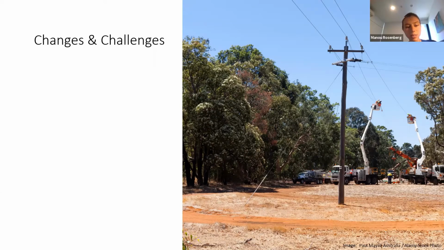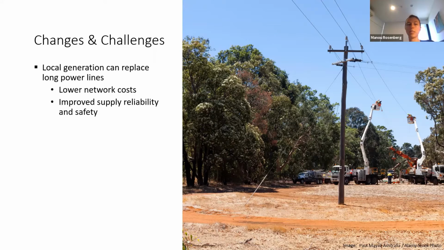But especially when we look at remote and rural areas, there are some challenges with the traditional approach of planning electricity networks. If you look at Australia, there are a couple of areas where we have only very few consumers spread over a large area.